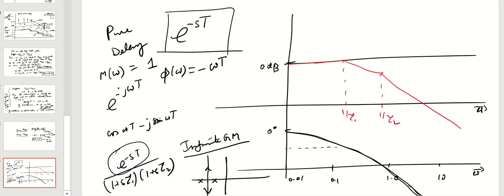Its phase plot would look something like, let's say this is 0 degrees, this is minus 90 degrees, without loss of generality, and this is minus 180 degrees. So you go here and you go here.